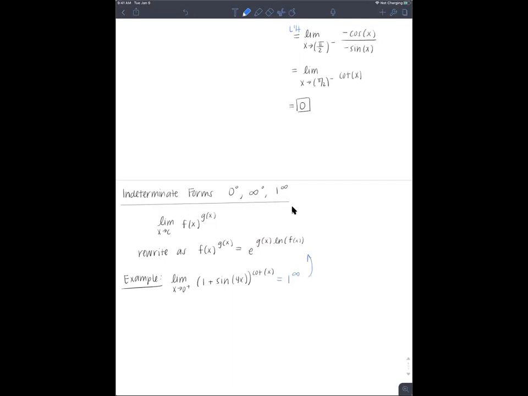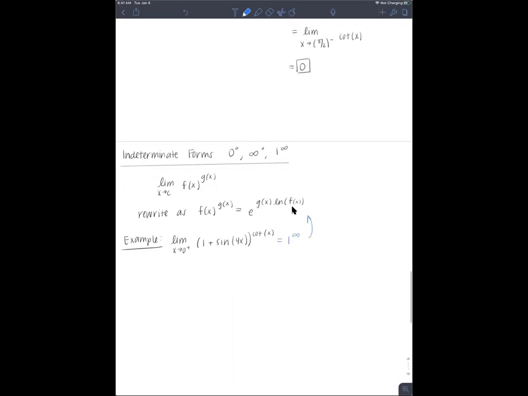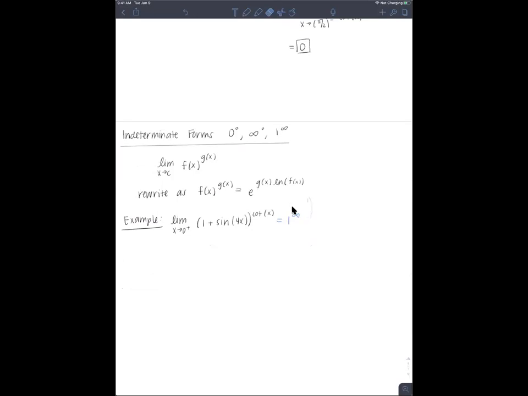And so I'm going to have to take it and write it like that, essentially. I didn't do it that way in my notes, but let's try and do it that way. So if I take 1 plus sine of 4x to the power of cotangent of x, well, I can say that's equal to e.